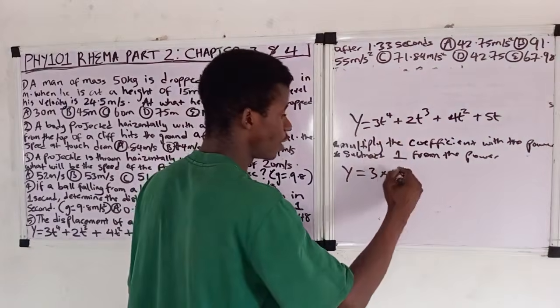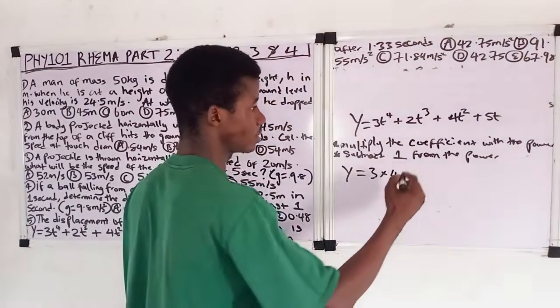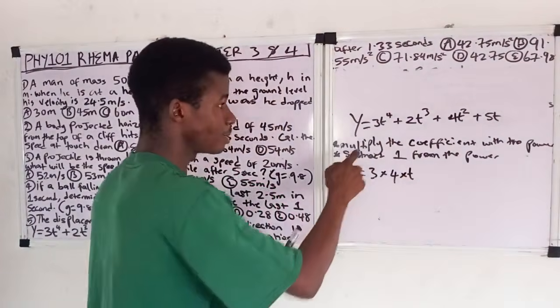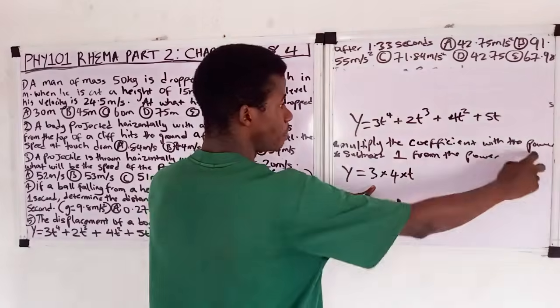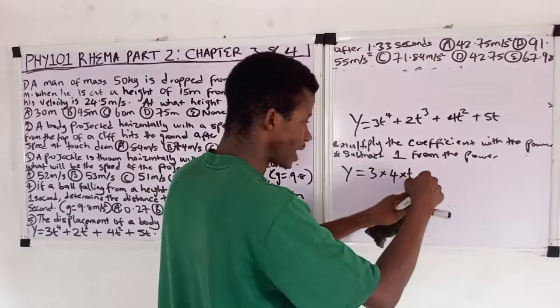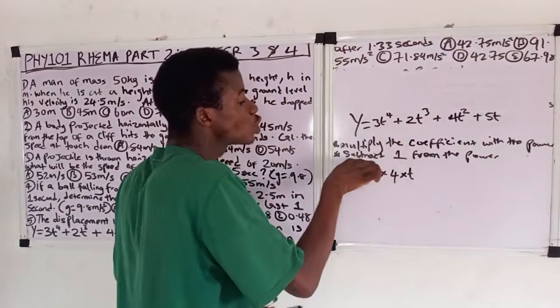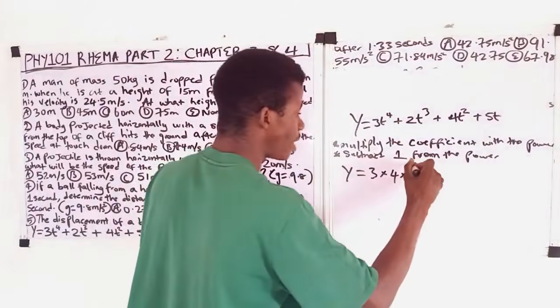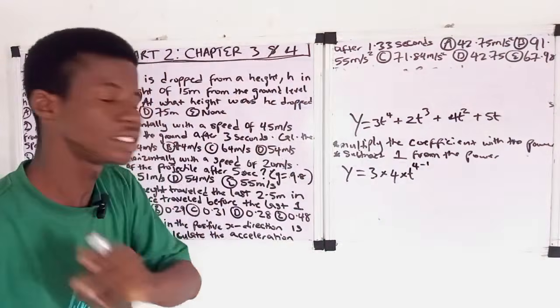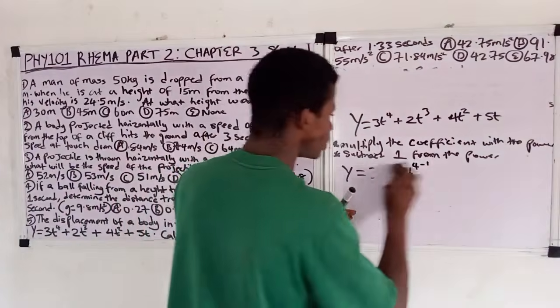The power is 4, right? 3 times 4, then times this normal t. Then the next thing we are going to do is subtract 1 from the power. So this is the power, right? We subtract 1. That is how we do it for everything. It's very easy. So let's do it, okay?